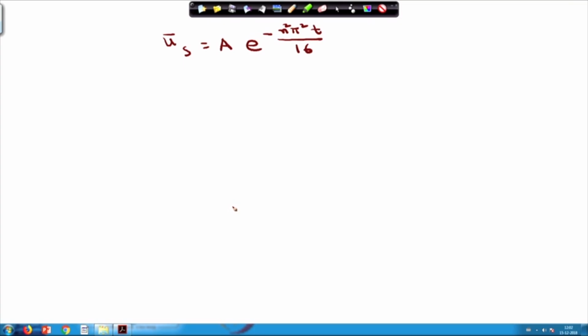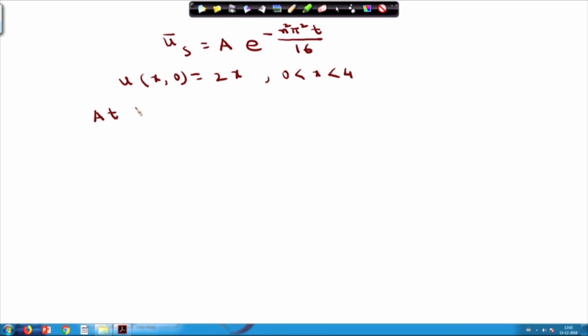Now, my next job is to find the value of this constant A. One more condition has been given to us, that is u(x,0) equals 2x, where x lies between 0 to 4.